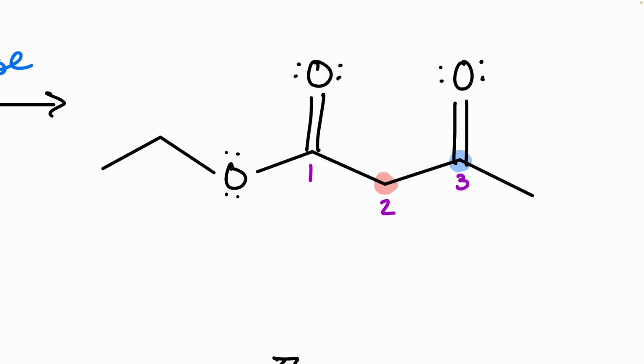Between carbons 2 and 3. So again, we can use that same check to make sure that everything is spaced out the way it should be. Notice that instead of getting a carbonyl group and an alcohol group, I have 2 carbonyl groups, right? So this is the big difference between the products of a Claisen condensation versus an Aldol addition reaction.